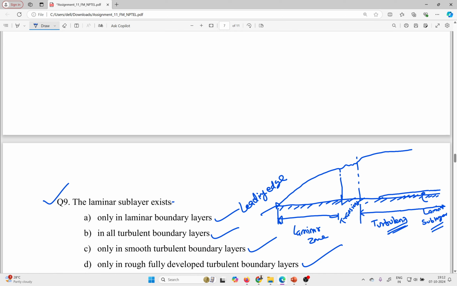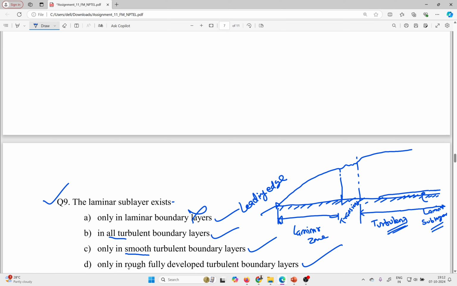the laminar sublayer exists only in laminar boundary layers, in all turbulent boundary layers, only in smooth turbulent boundary layers. Here the difference is smooth. Here in all turbulent. Only in rough, fully developed turbulent boundary layer.